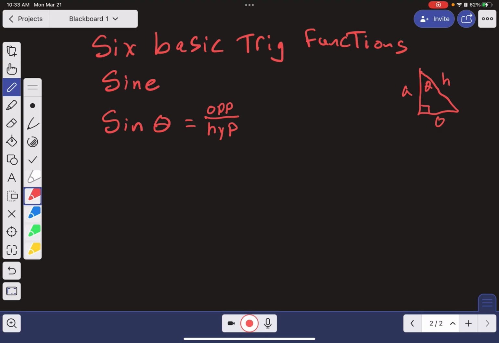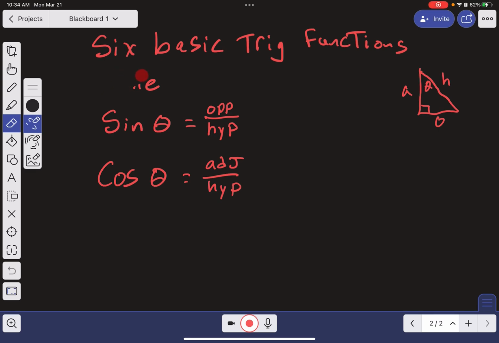The second ratio that you're somewhat familiar with is the cosine ratio. And the cosine ratio is the adjacent over the hypotenuse. That's the cosine ratio. And we just label it COS. So its ratio is adjacent over hypotenuse.